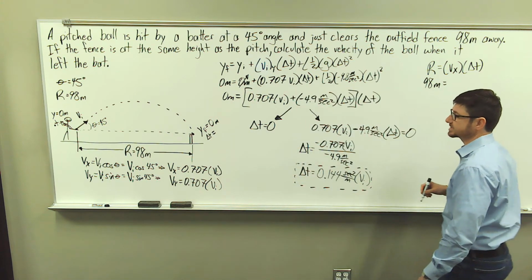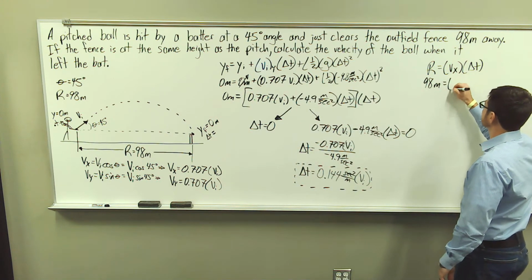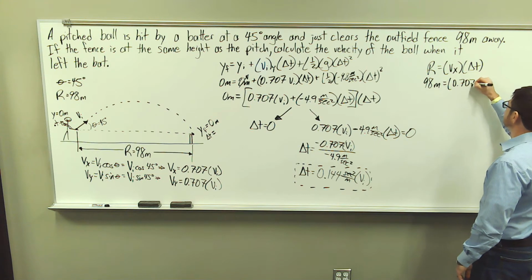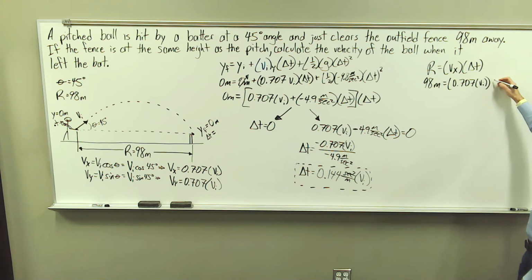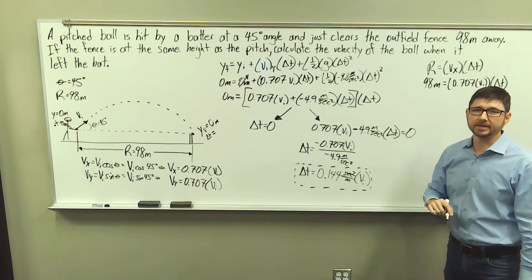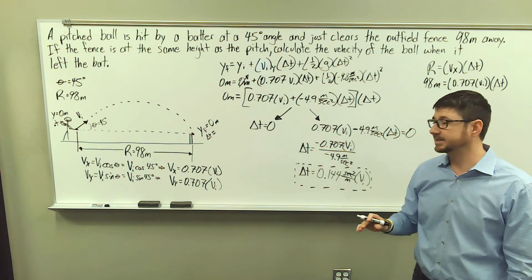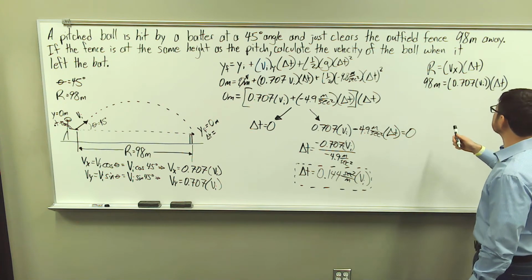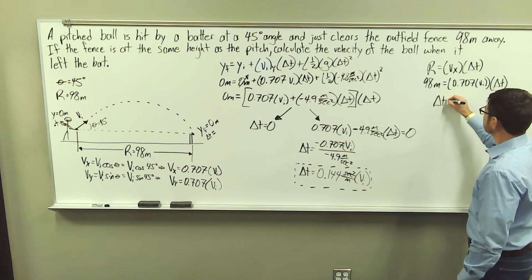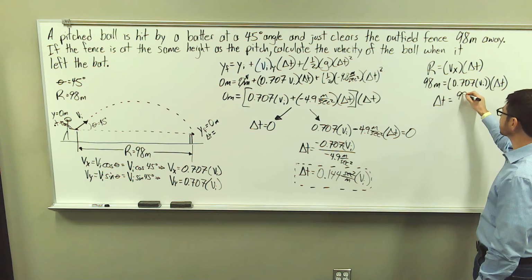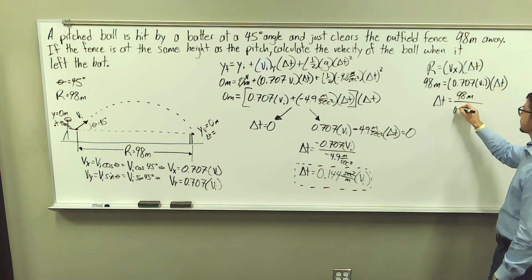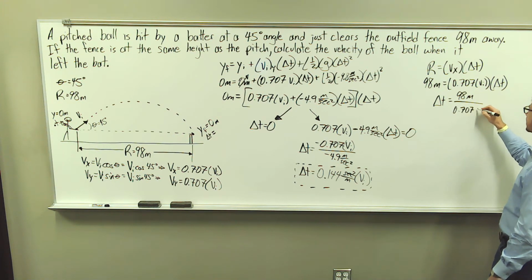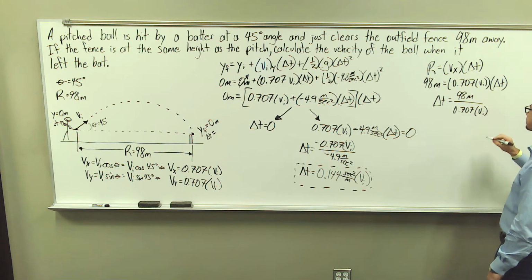I have 0.707 times v sub I multiplied by delta t. Okay, what I want to do at this point is isolate delta t, okay? So delta t is equal to 98 meters divided by this here, 0.707 times v sub I.